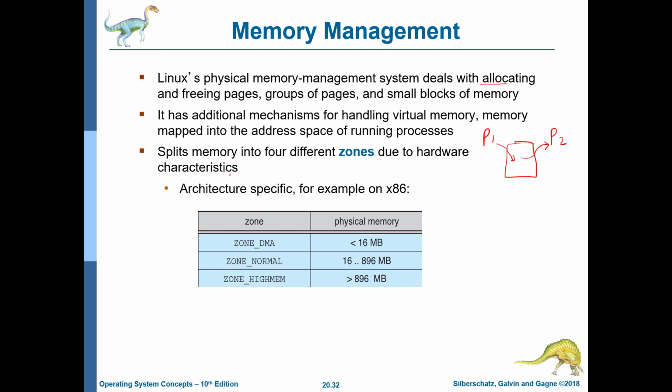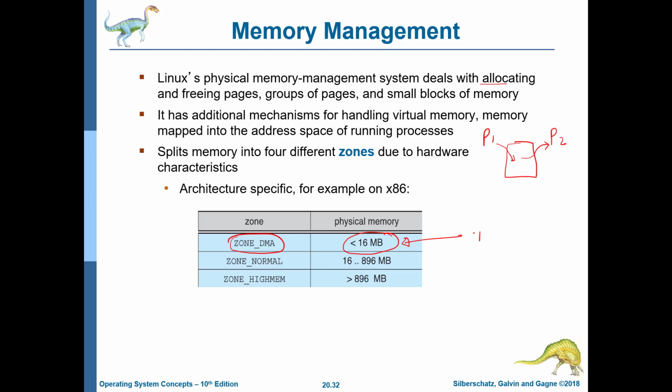So traditionally, on the x86 architecture, the physical memory has been split into different zones, and the different zones are used for different tasks. The first zone is known as the DMA zone, which is typically the first 16 megabytes. These sizes keep changing with the kernel version.